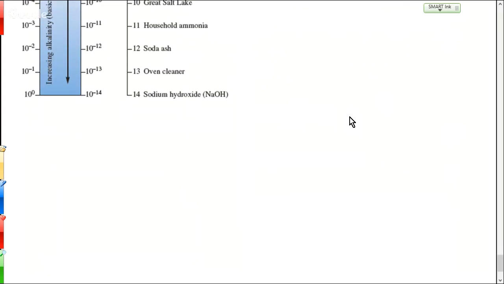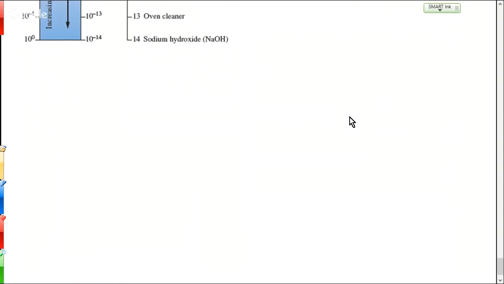So that's pretty much acids and bases. The last thing we're going to look at is something called buffers.